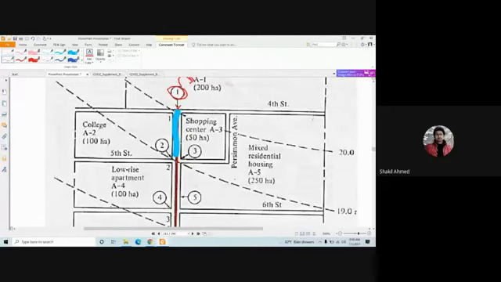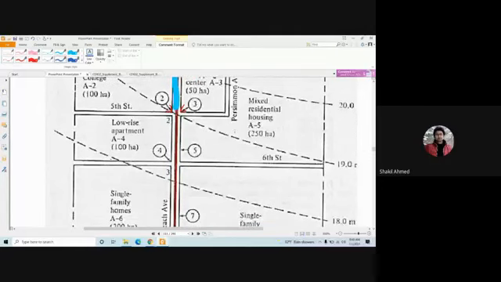2 and 3. Where are they contributing, guys? Look at the point. At this point, this pipe has already ended. Am I right? Yes, sir.